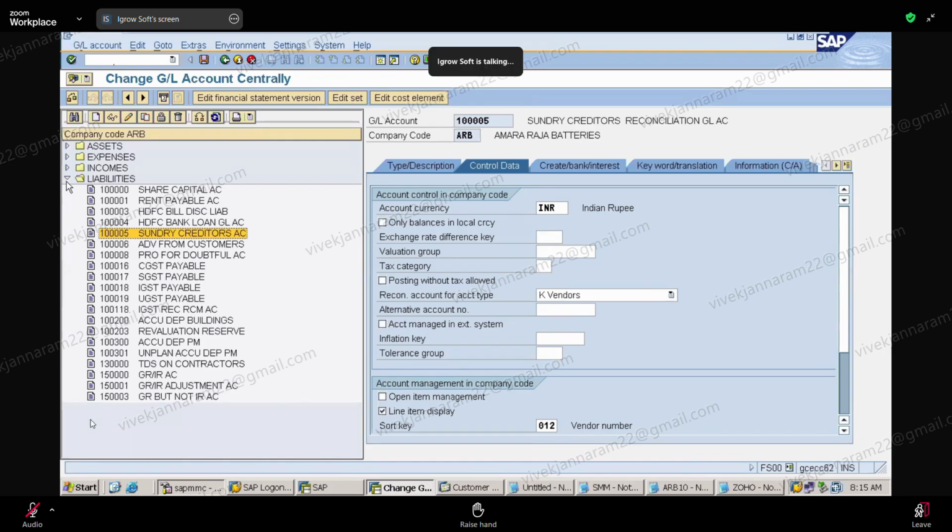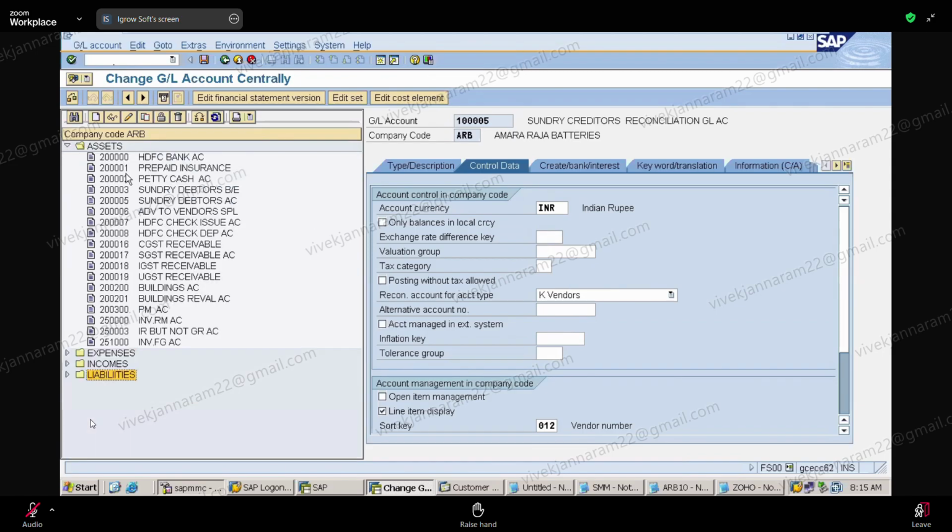Same way, sundry debtors is a recon account type for customers. When it is marked like this, it will not allow you to post directly.